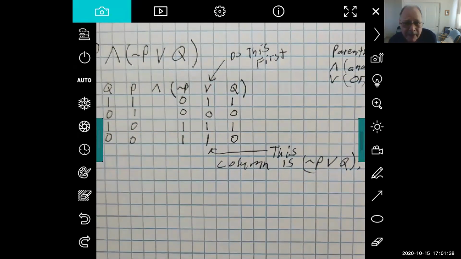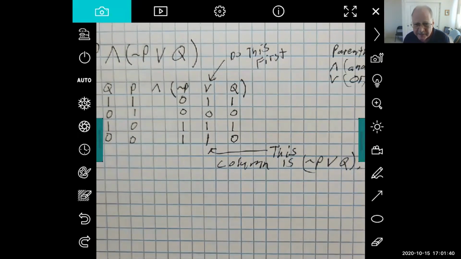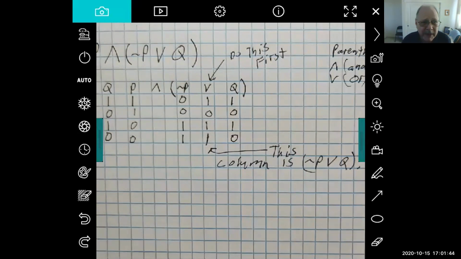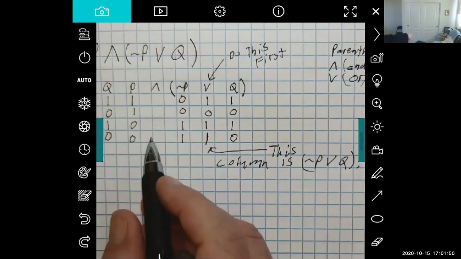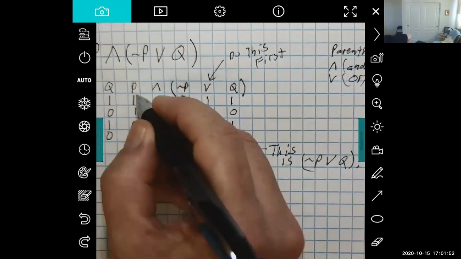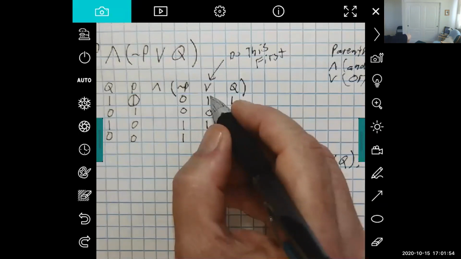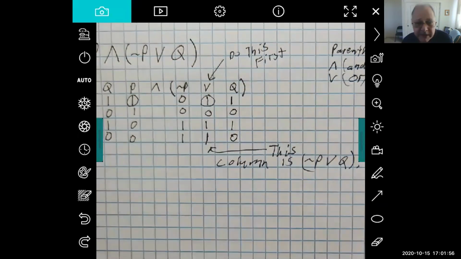All right, and so now the next thing, after I've done the parentheses, I go from left to right doing the ands. So now I do the and. So it's this 1 and that 1 for the whole parenthesis.